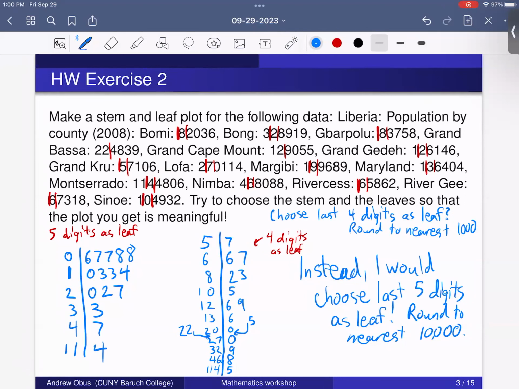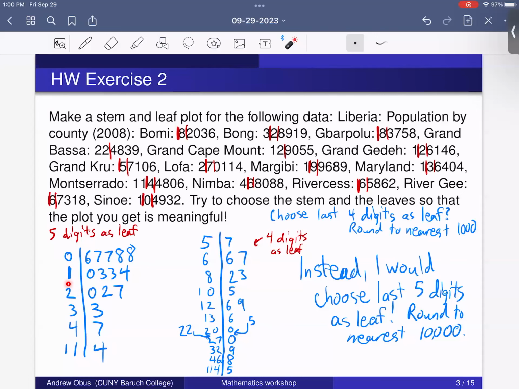Okay, so in my opinion, this stem and leaf plot is better than this stem and leaf plot. I think this one is better because you can really see the clusters a little bit more. You see that most things are clustering around 0 hundreds of thousands or 100,000 or 200,000.